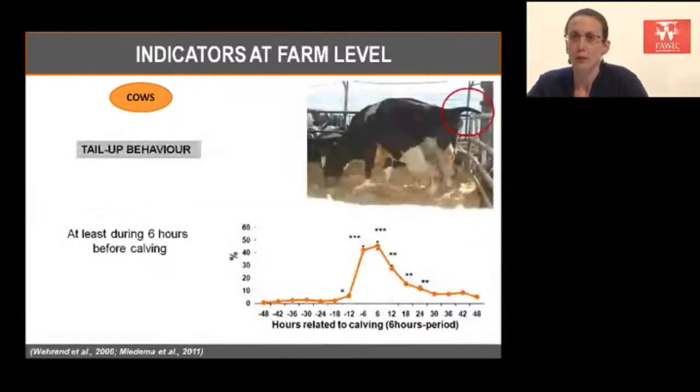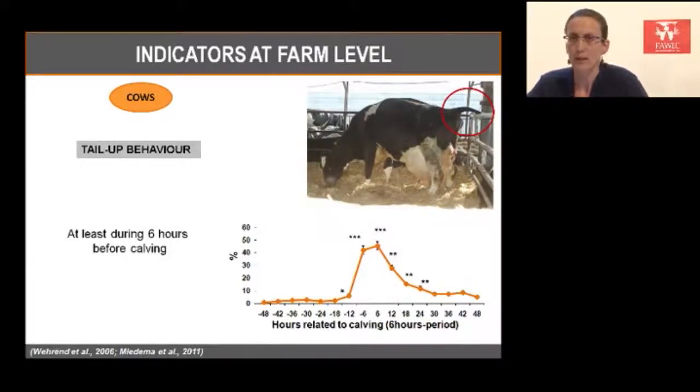And also at farm level, I would like to remark on the tail-up behavior, not only as a probable indicator of dystocia, but because we think it's a good predictor for calving.